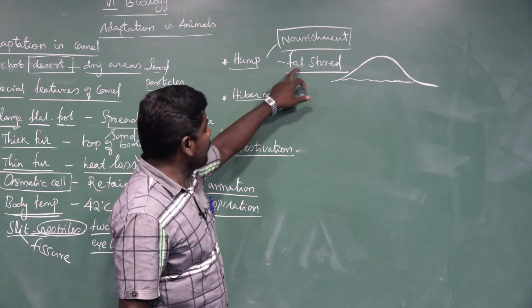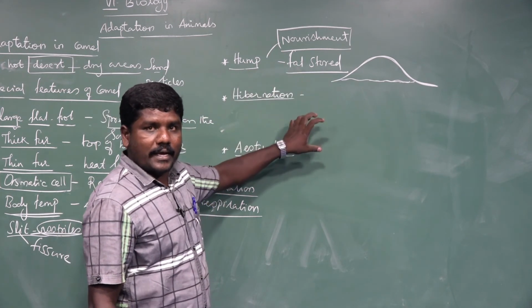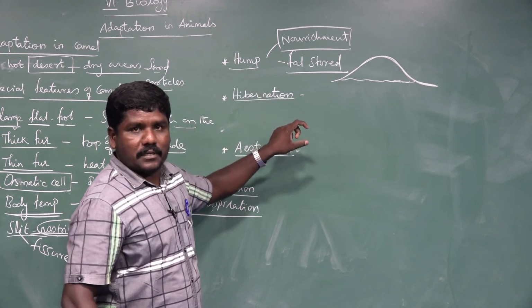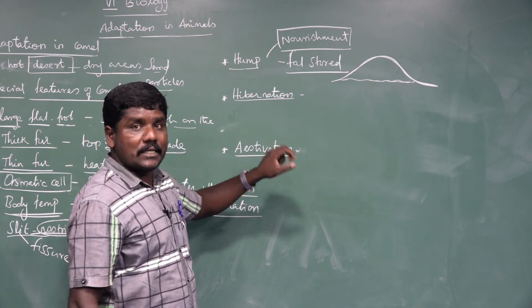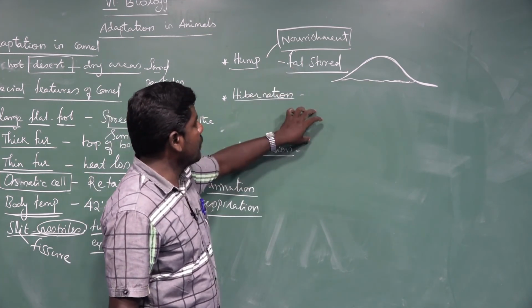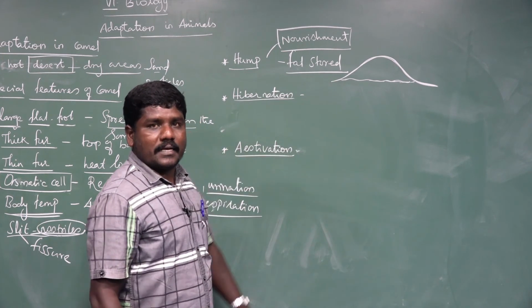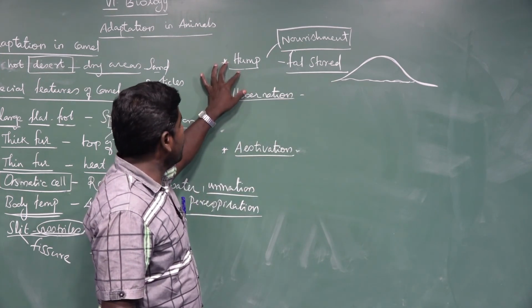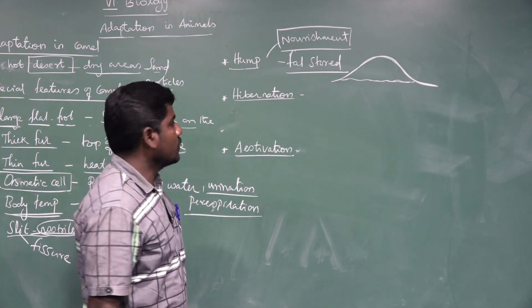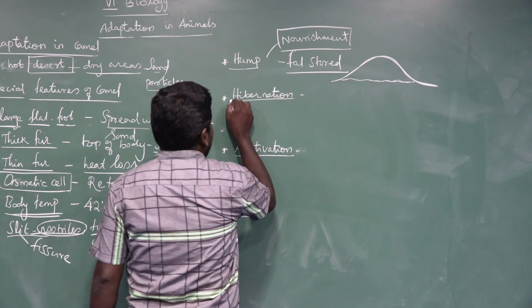So the hump region stores the fat substance. In case a camel needs energy, the fat substance is broken down and releases the energy. So the hump's main important function is nourishment of the camel.